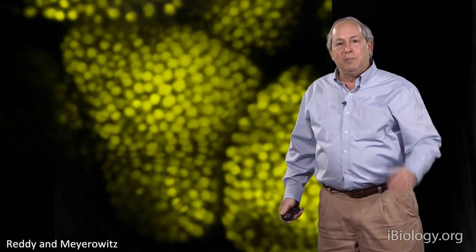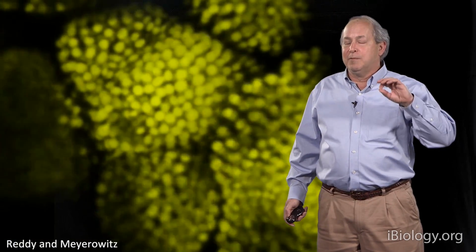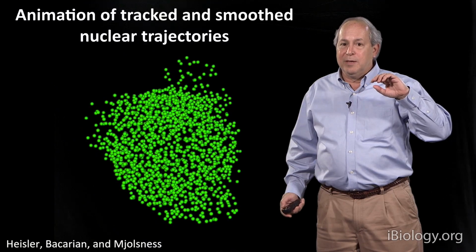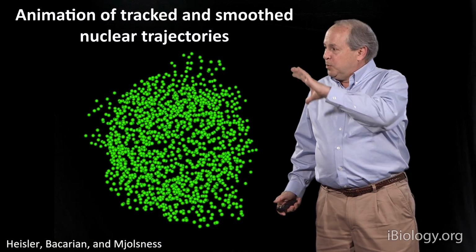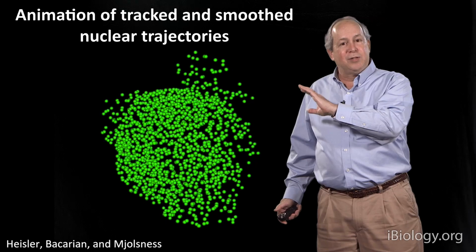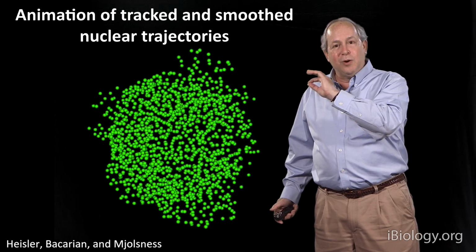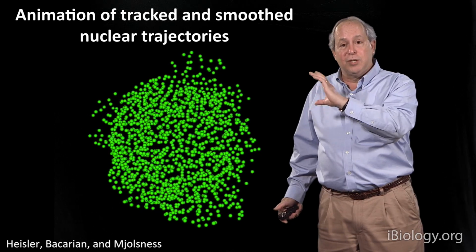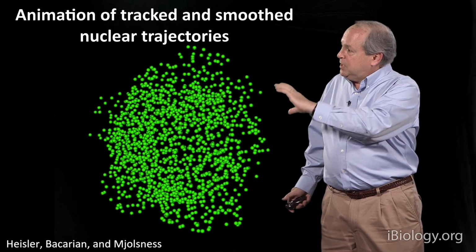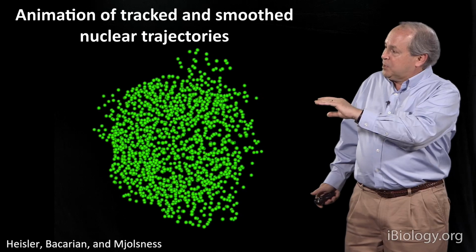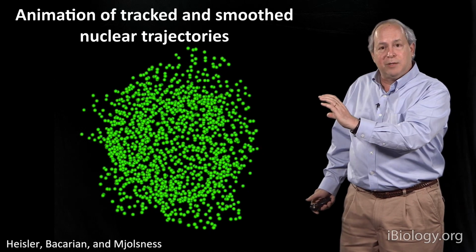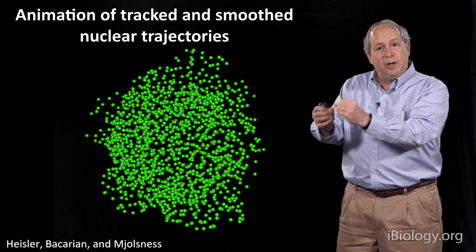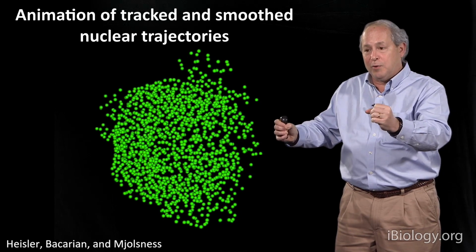If we use our computer image processing methods to find the center of each nucleus, we come up with a picture like this, in which we've excluded the nuclei of cells that divide, and so we're using all the other nuclei as fiducial points for positions in the tissue. And so what we're seeing here is the effects of both the expansion of cells in the meristem and division of cells as they force the nuclei of undivided cells farther and farther apart.